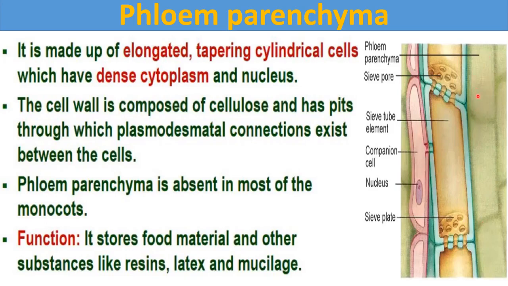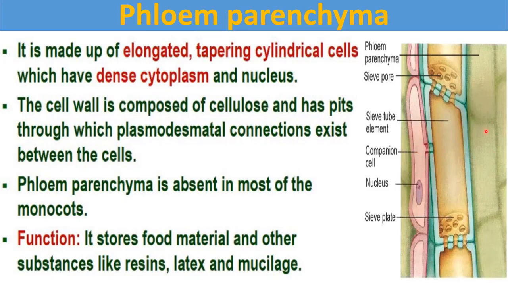You can see the cylindrical shape here. These cells have dense cytoplasm and a nucleus. Usually parenchymatous cells have dense cytoplasm, so these cells also have dense cytoplasm. So both companion cells and phloem parenchymatous cells have dense cytoplasm, and you know companion cells are also parenchymatous type cells, right?